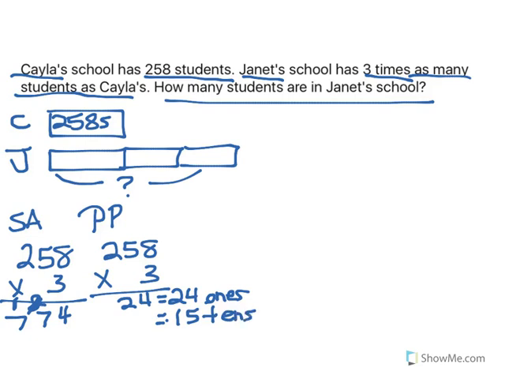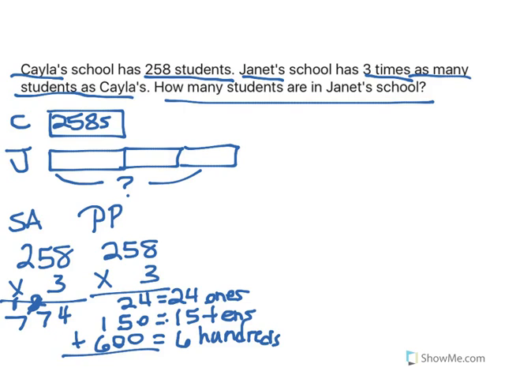And 15 tens is the same thing as 150. The next thing I do is 200s times 3, and 200s times 3 is 600s. So I write down 600, and then I add these all together.